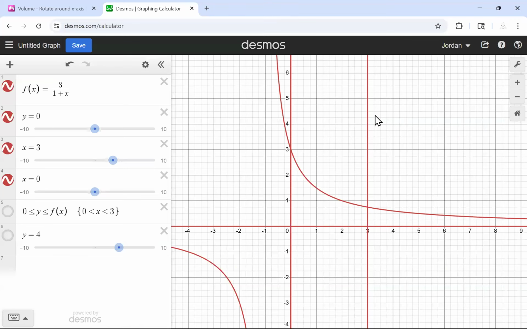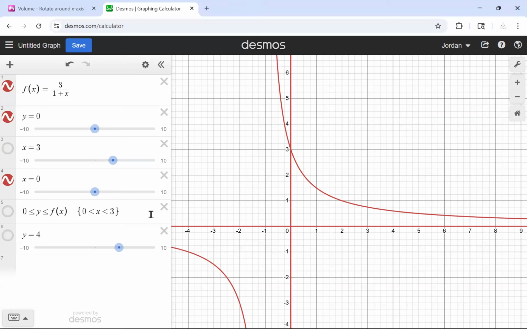The first thing I need to establish is where my region is at. We have y equals 3 over 1 plus x. That is this rational function that I've graphed here. Obviously, it has two sides to it. When I graph y equals 0, that's the x-axis.